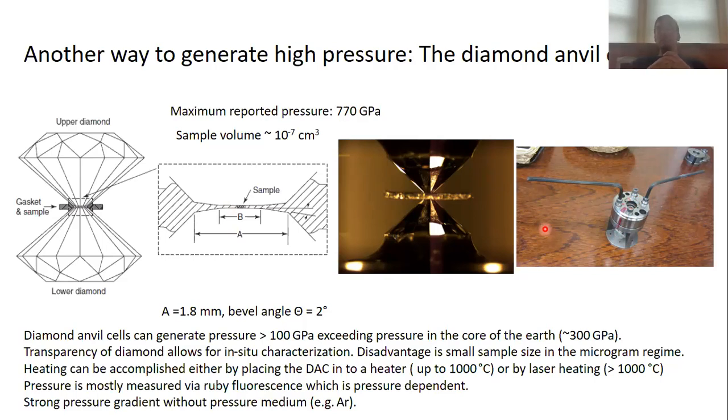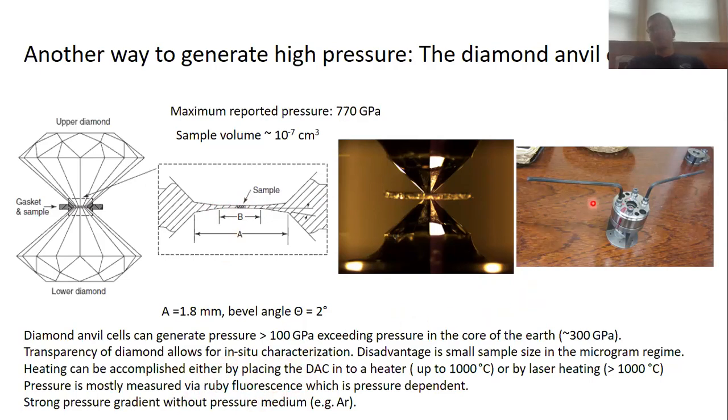Because of the transparency of your diamond, you can also calibrate or measure the pressure via ruby fluorescence. So typically you place a little ruby crystal together with your sample into that very small space, and measure the pressure inside of your diamond cell using ruby fluorescence, which is pressure dependent.